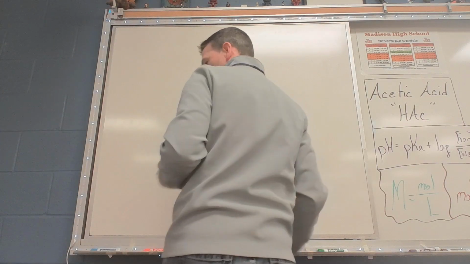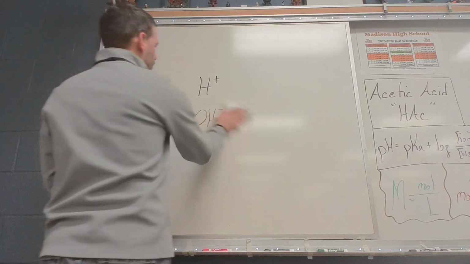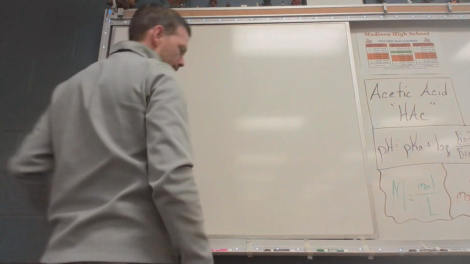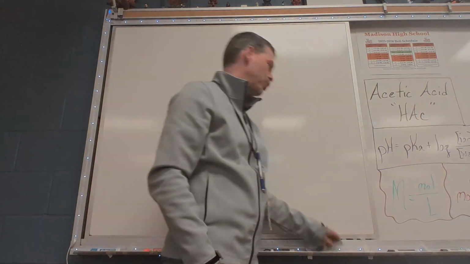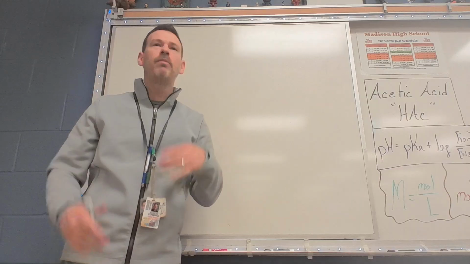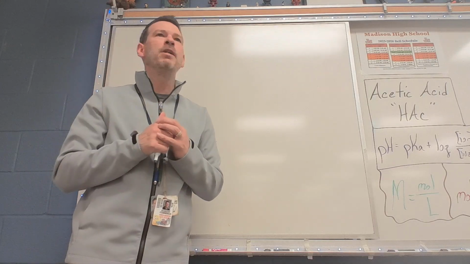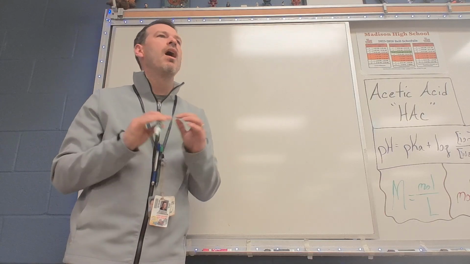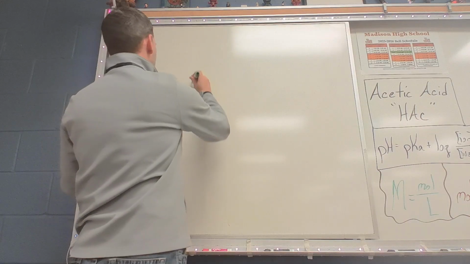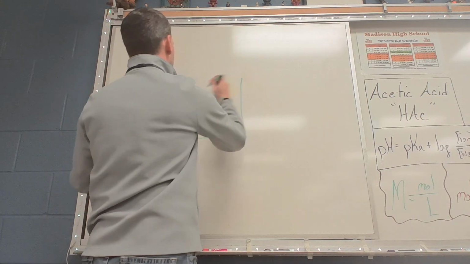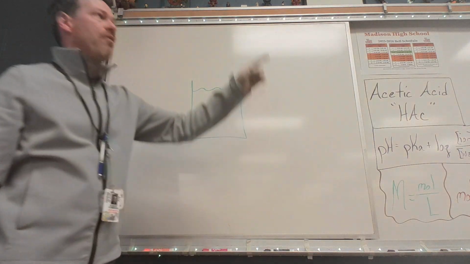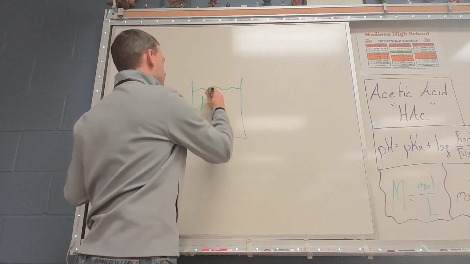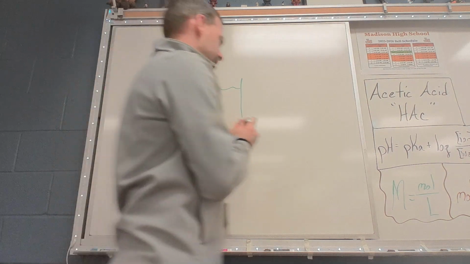I'm going to draw a picture of just this first one, just so we're all on the same page. If I take that problem and I imagine it, here's what it says is happening. There's a beaker, and inside that beaker there is acetic acid. That's one of the items inside the beaker.